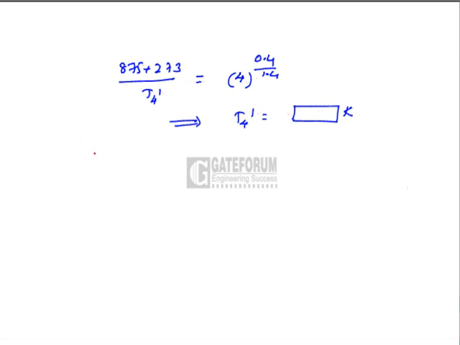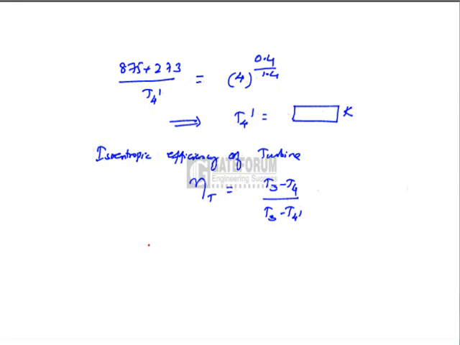From the definition of isentropic efficiency of turbine, (T3 minus T4) divided by (T3 minus T4 dash) is equal to 0.85, that is equal to 875 plus 273 minus T4 divided by, T4 dash is already obtained above.